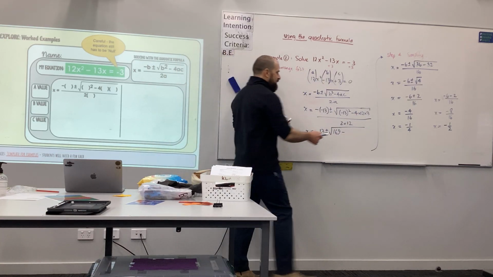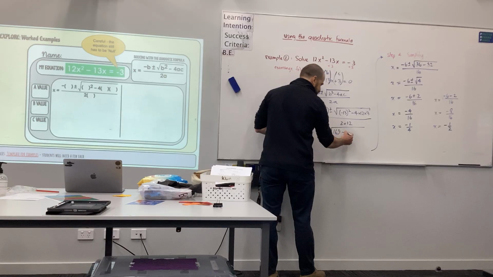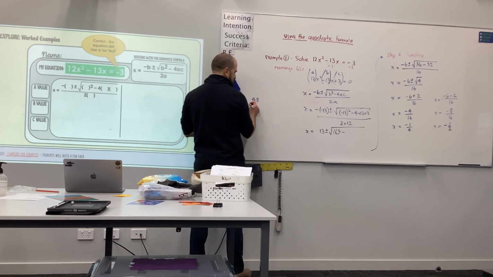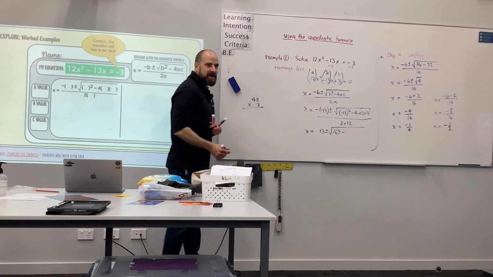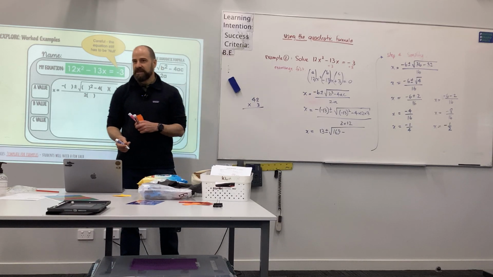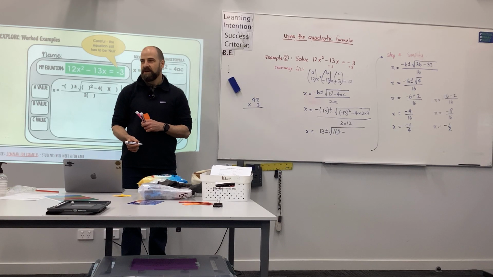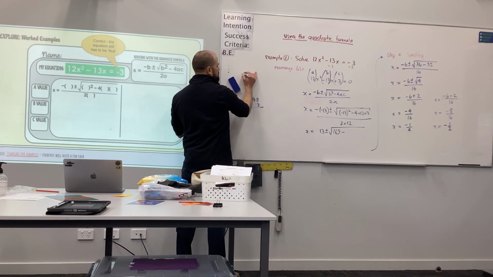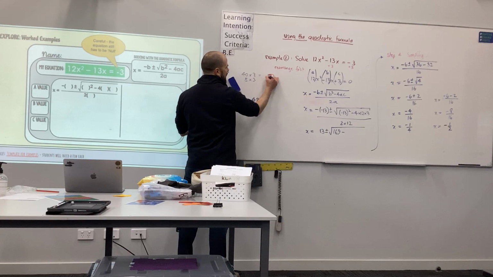48 times 3? Who's got a strategy for how they do 48 times 3? Would you go 40 times 3 and then 8 times 3 and add? Right, so options. I could do 40 times 3, 8 times 3, and then add them together.